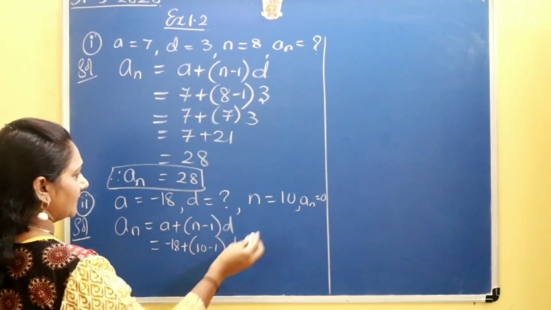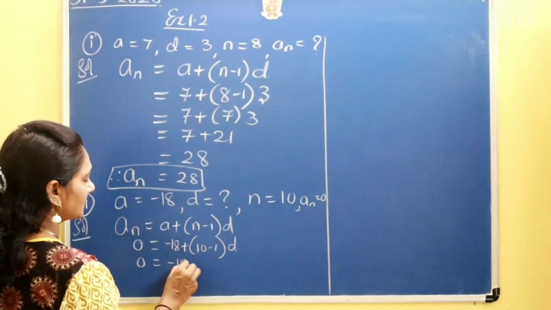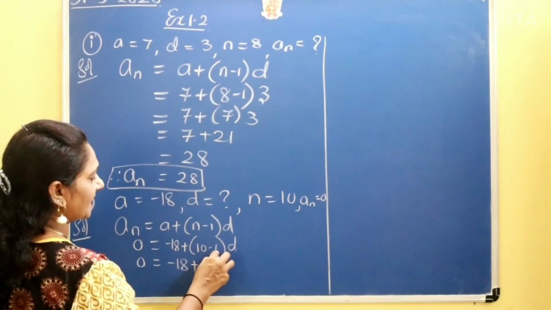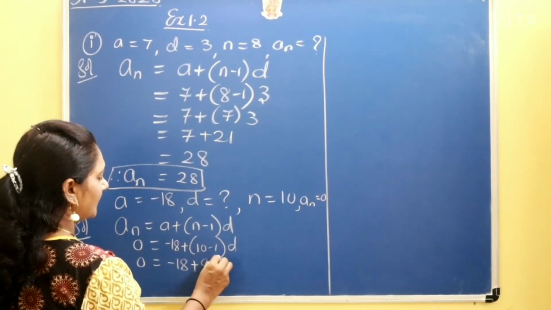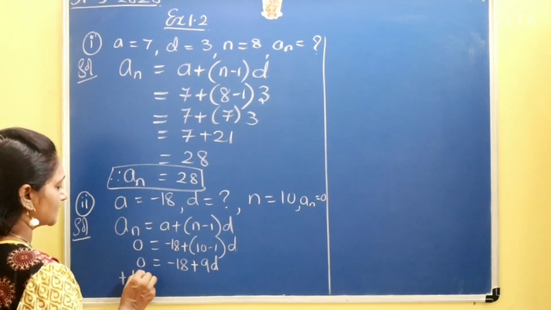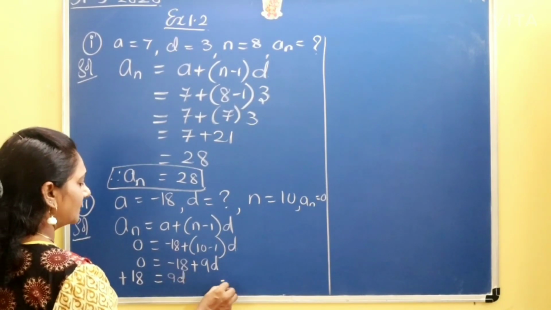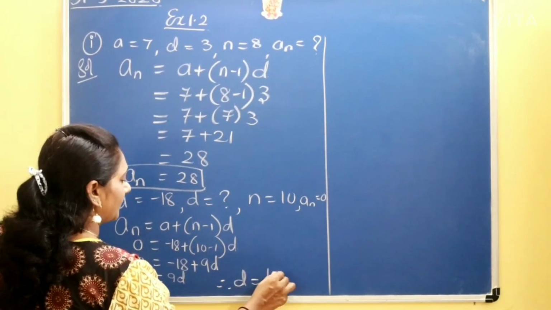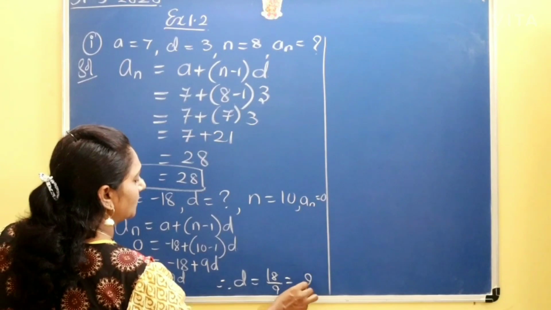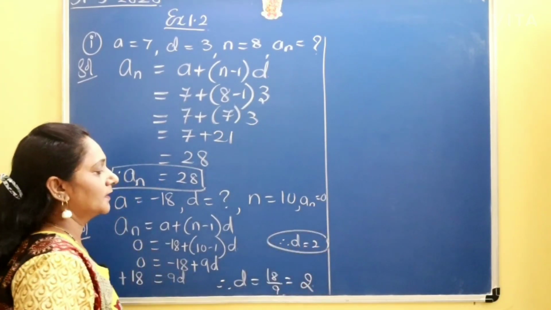D is not given there. AN is given as 0. 0 is equal to minus 18 plus 10 minus 1 is 9, 9 into D is 9D. Take minus 18 the other side, it becomes plus 18 is equal to 9D. Therefore, D is equal to 18 by 9, that is equal to 2. Therefore, you have D is equal to 2.